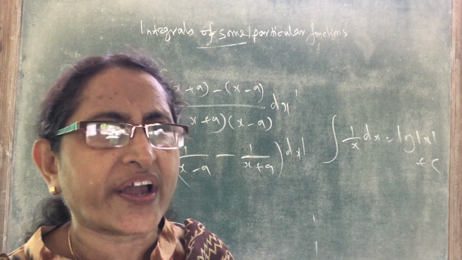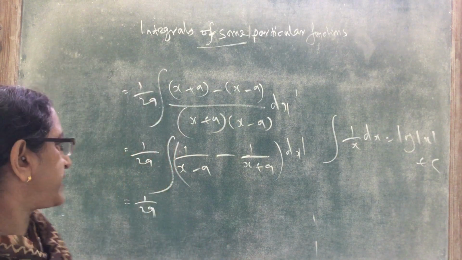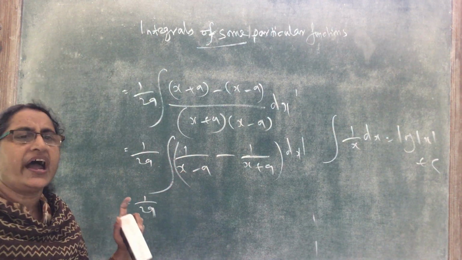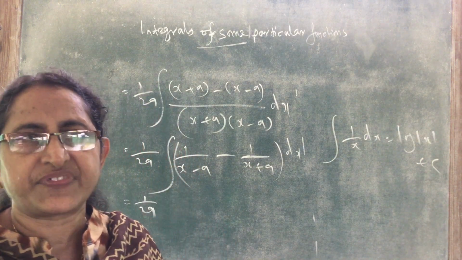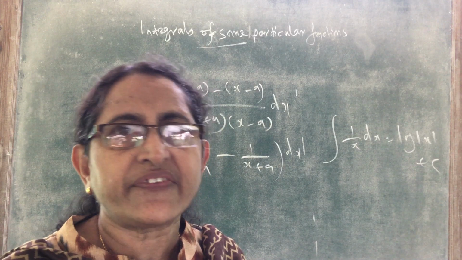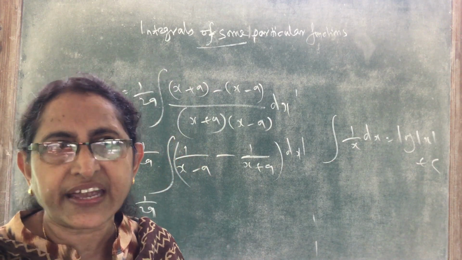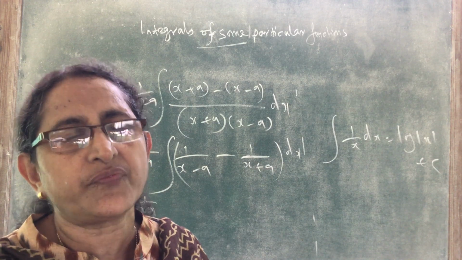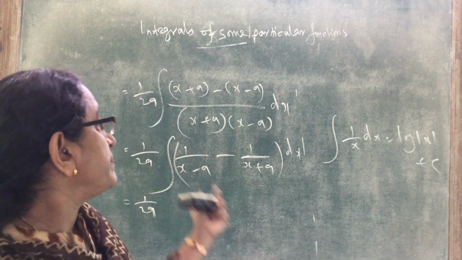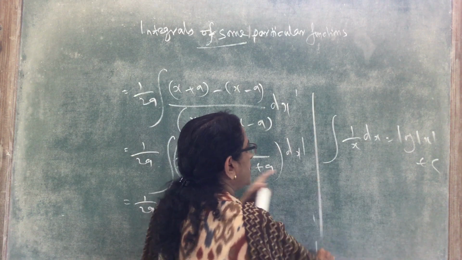In the place of x, here we have x minus a. I told you that in all standard formulas, if in the place of x there is any other function whose derivative is a constant, we can write the integral directly by dividing by the derivative of that function. Similarly, integral 1 by x dx is log x.